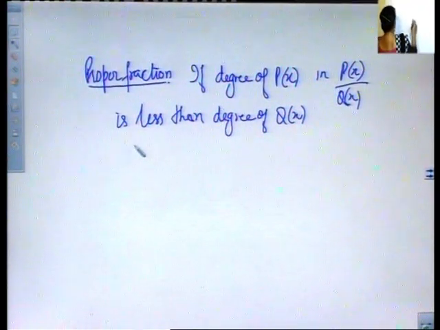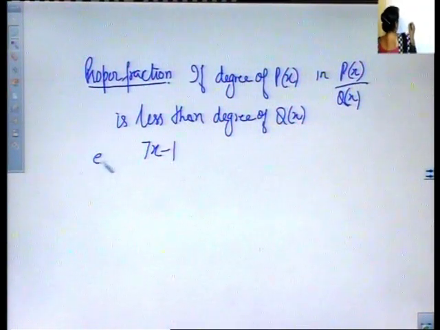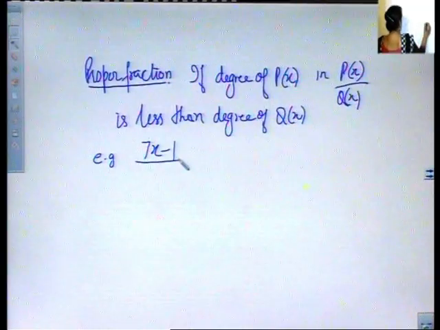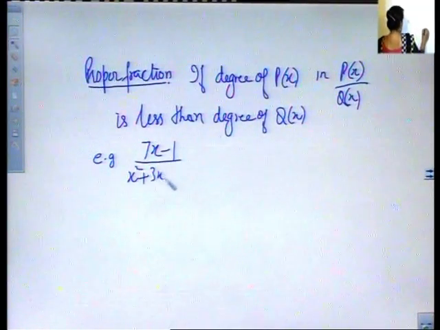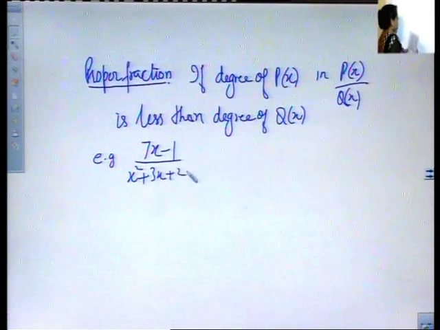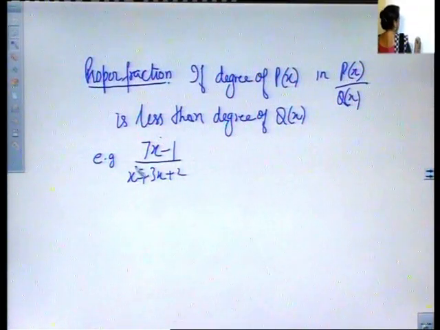For example, 7x minus 1 upon x square plus 3x plus 2. In this case, the degree of the numerator is 1 and the degree of the denominator is 2.